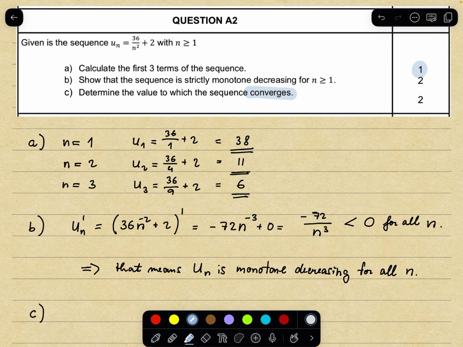But when we are looking at whether a sequence converges, we're basically considering what would be the limit of this function as n approaches infinity, unless we're told what the sequence approaches as n approaches a specific number. If it doesn't say a specific number, we need to consider plus or minus infinity. In this case, n takes only positive values.